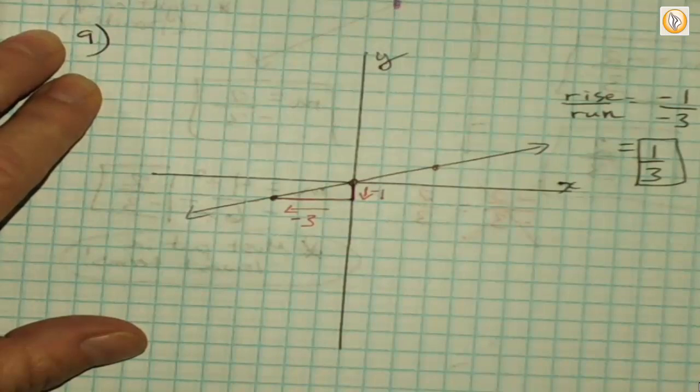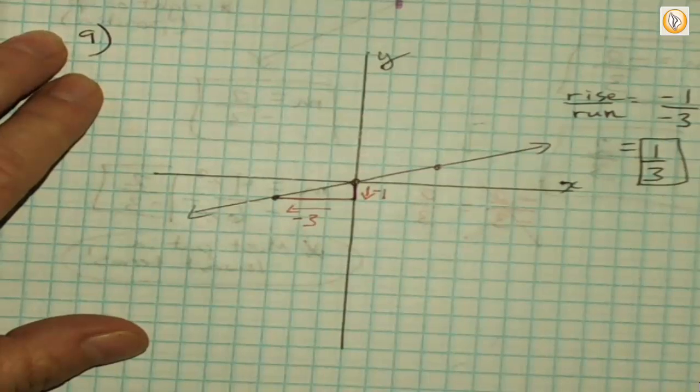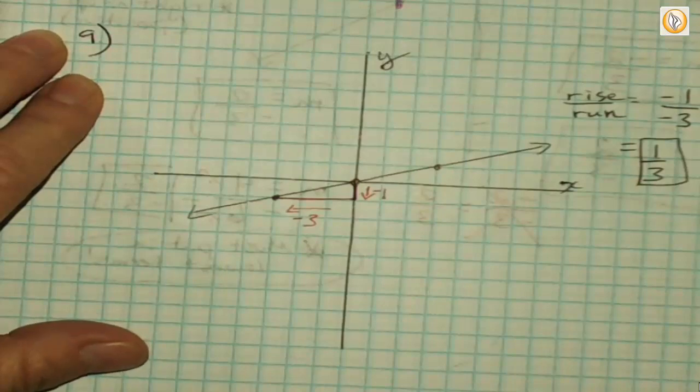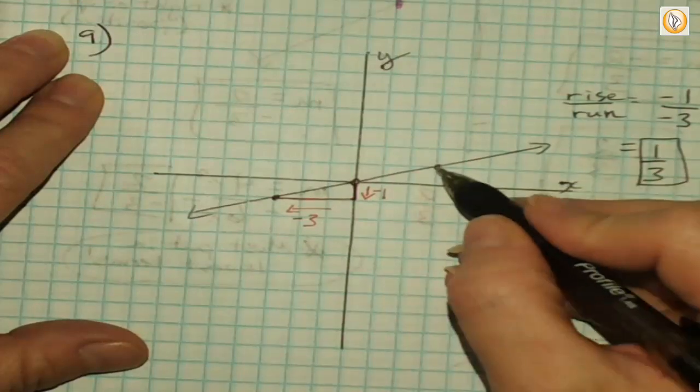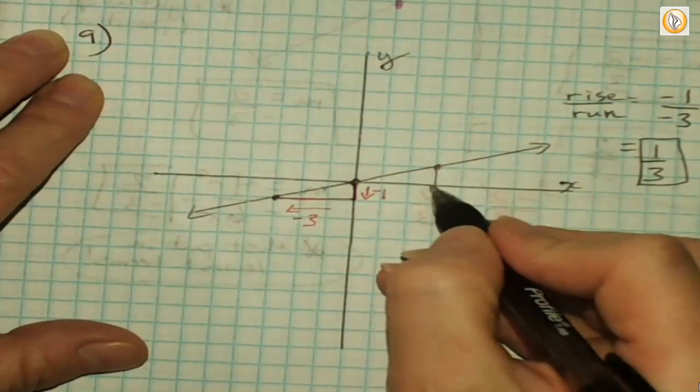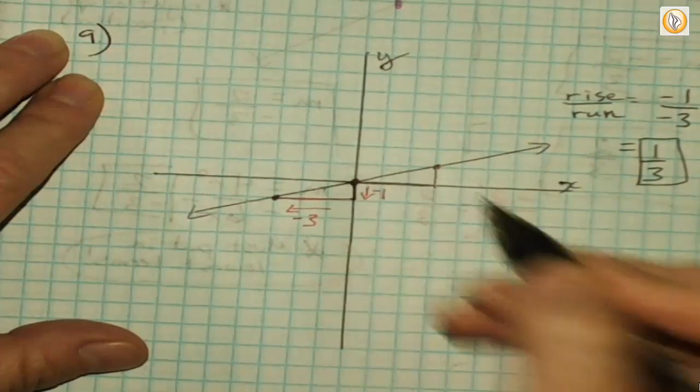Yep, come draw it for me, please. Come on. Okay, there's another one. He went down 1 and to the left 3.